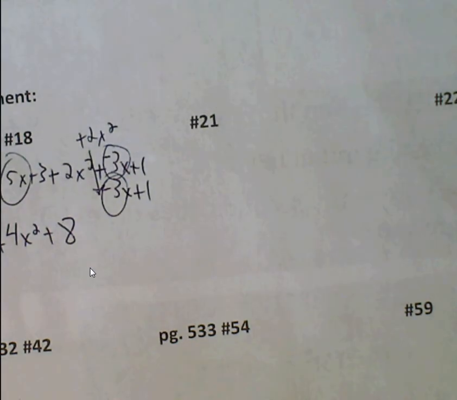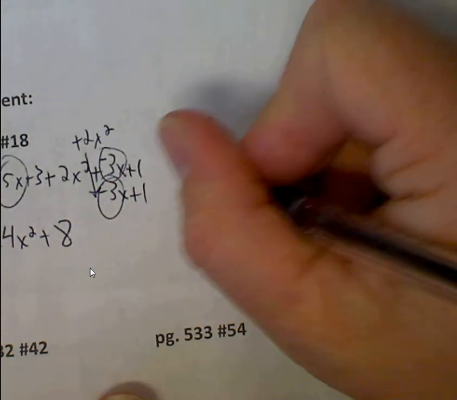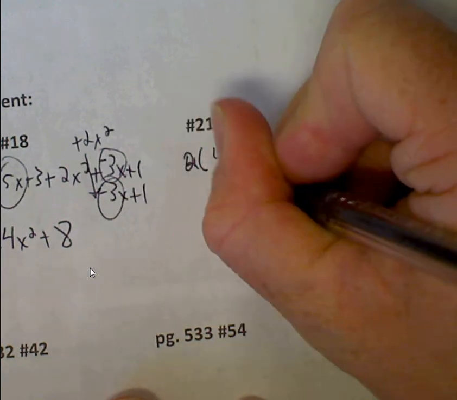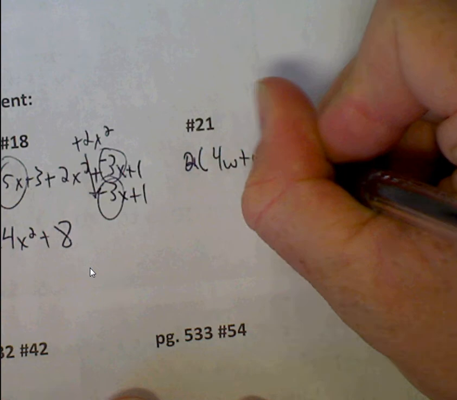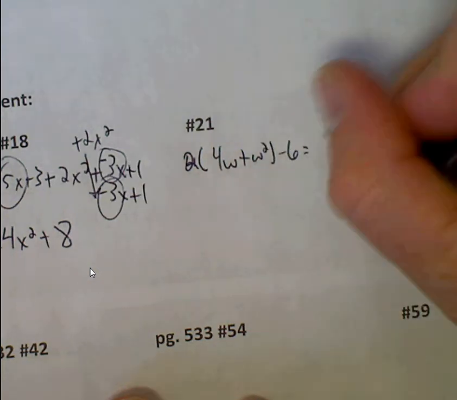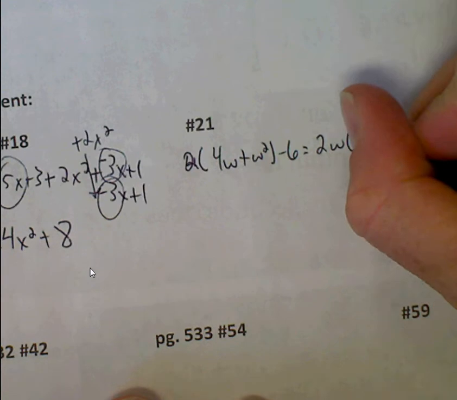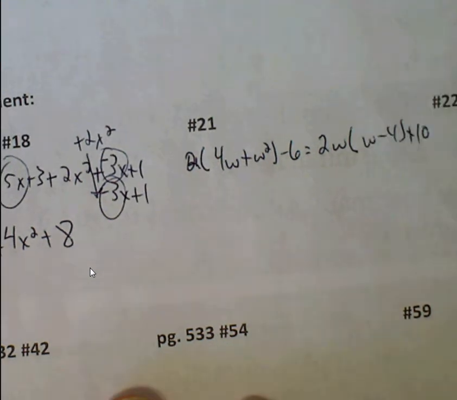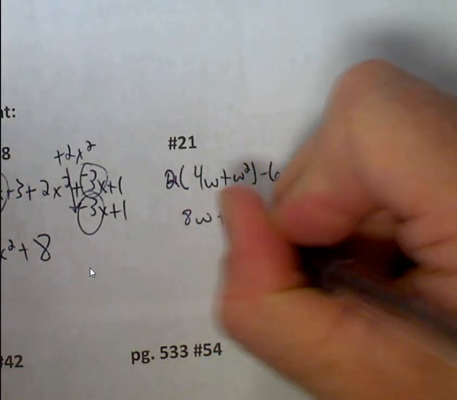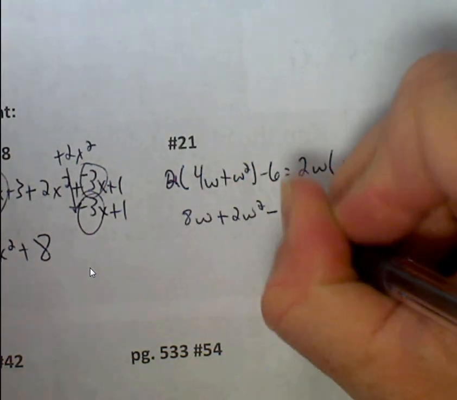Number 21. They give me 2 times the quantity 4w plus w squared minus 6 equals 2w times the quantity w minus 4, plus 10. So this would give me 8w plus 2w squared minus 6.